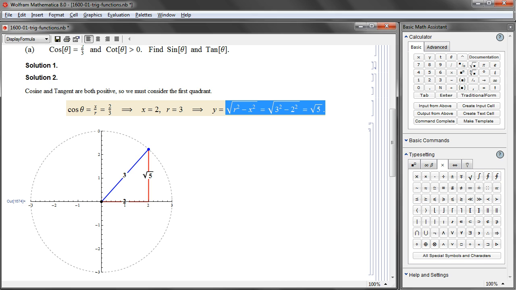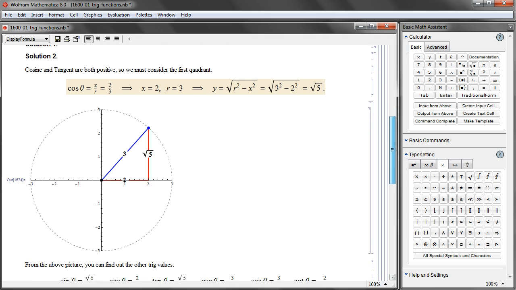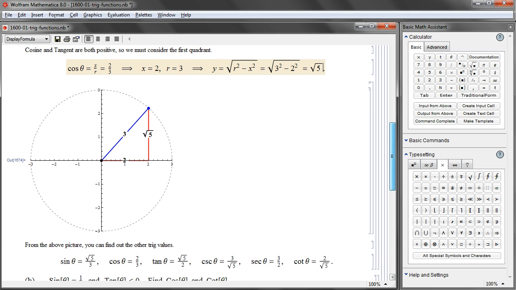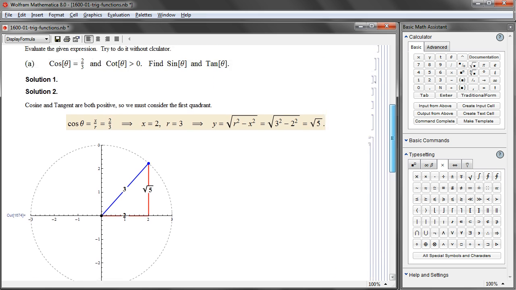Once you have x is 2, r is 3, and y is square root of 5, now you can answer all the trig function values directly from the definition. Sine is y over r, cosine is x over r, tangent is y over x, and so on and so forth. So get a quadrant, and then draw the triangle, and then you're through.